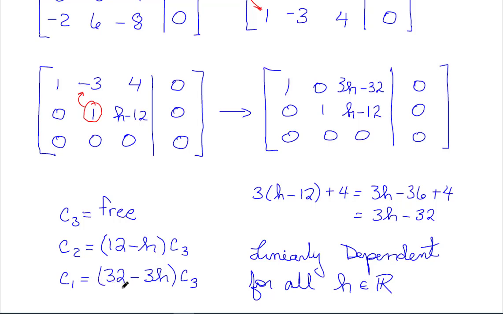And C1 is 32 minus 3H times C3. So this is how we got that business about the 32. So these three vectors are linearly dependent for, again, all possible choices of H.